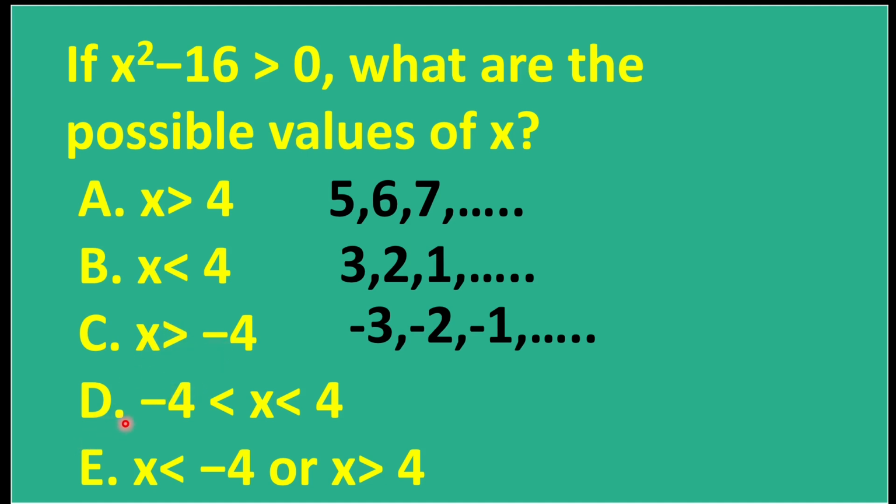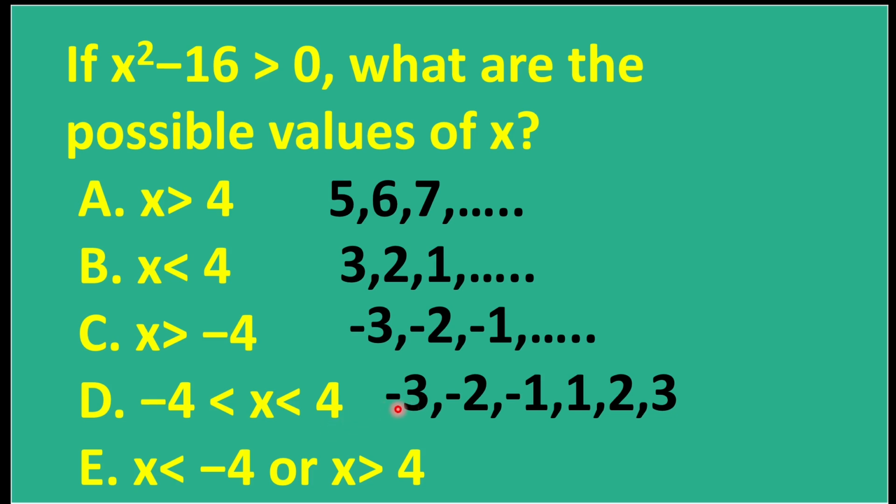Now come to option D. Option D says that x is greater than minus 4 and x is less than 4. This is a range which is given, so we will try in this range. So x equal to minus 3, which is greater than minus 4, and minus 2 is also, and minus 1 is also. Similarly, x is less than 4, so it means 1, 2, 3. You can also put 0 over here.